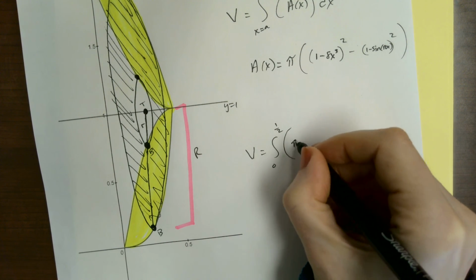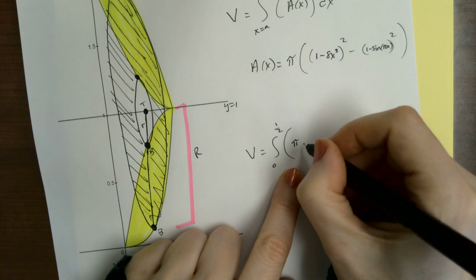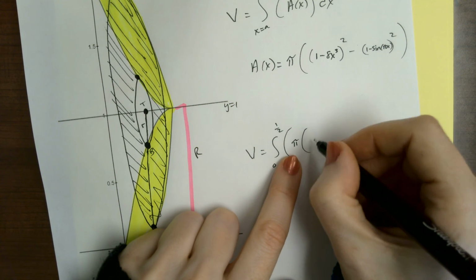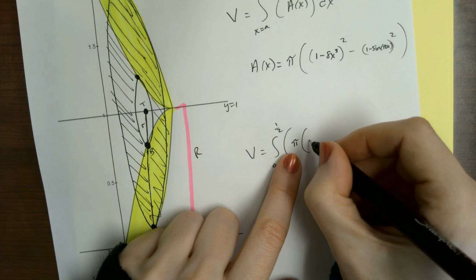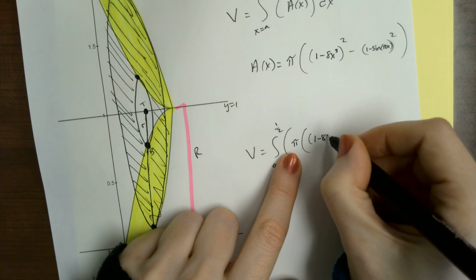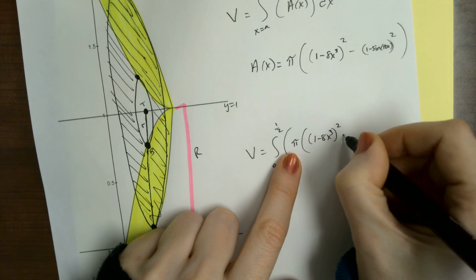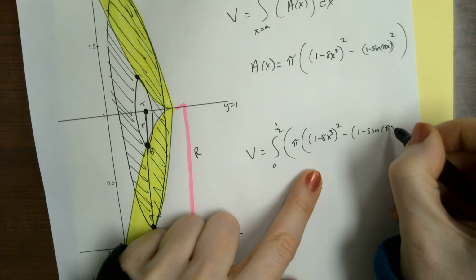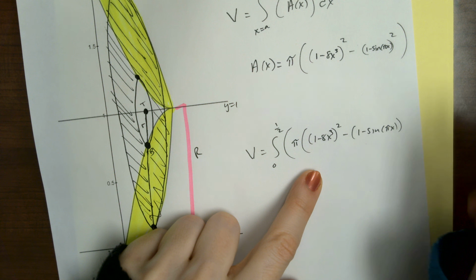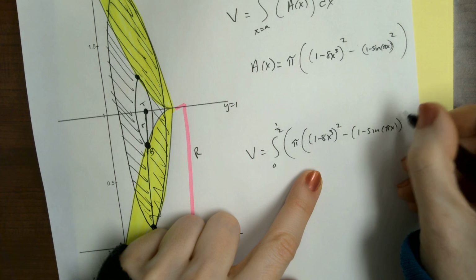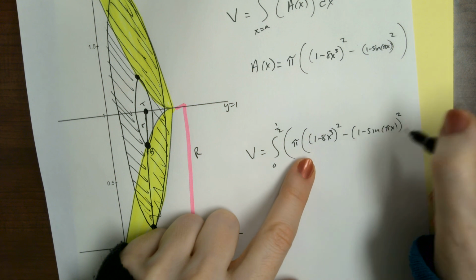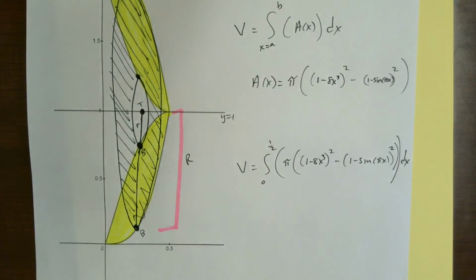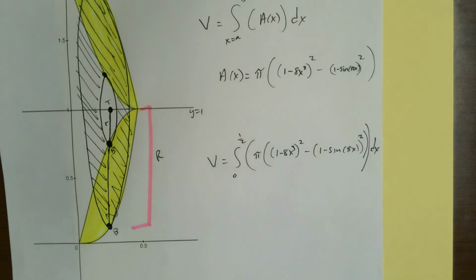And then this is pi. You could put the pi out front too if you want. Pi, a lot of parentheses, 1 minus 8x cubed squared minus 1 minus sine of pi x squared, close, dx. All right, guys, there it is.